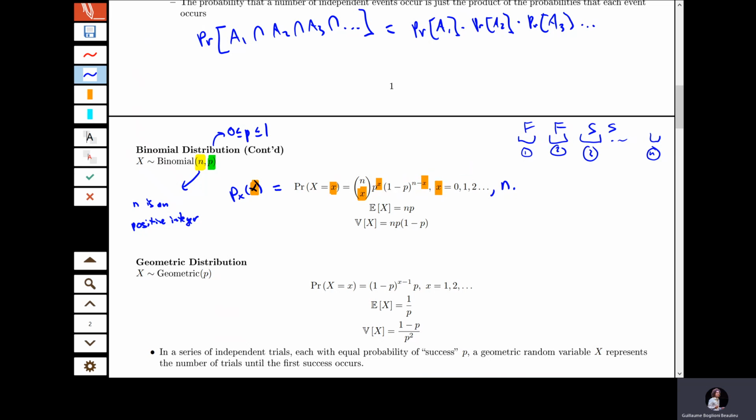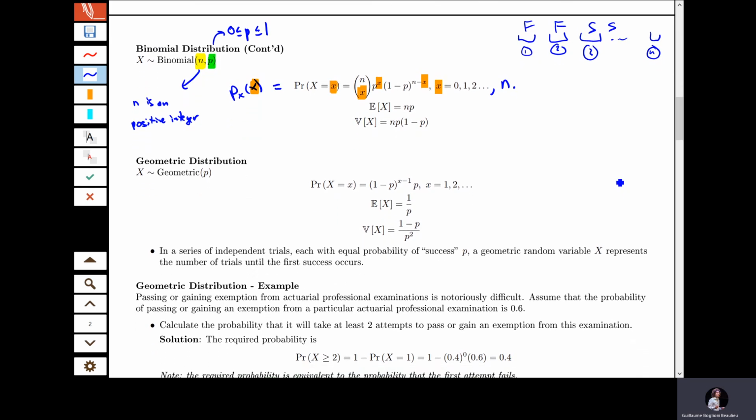Each individual configuration has this probability. So then you need to multiply by how many times you have a specific combination with that exact number of successes, x. And of course, in total, you have this number of combinations, n choose x, of possibilities.